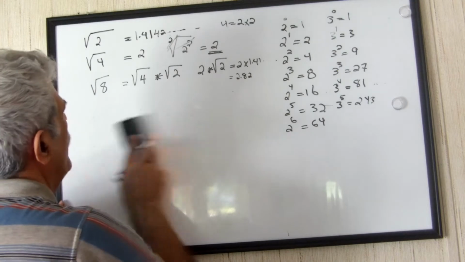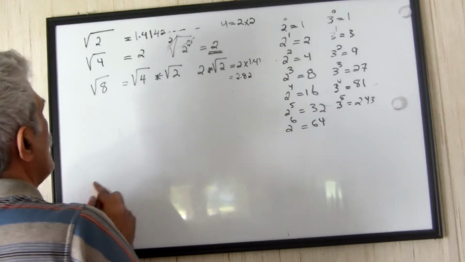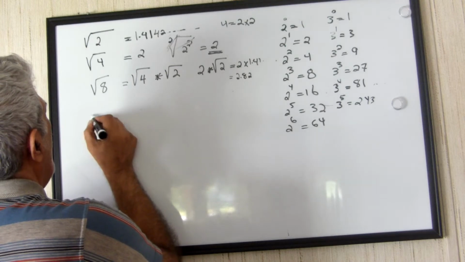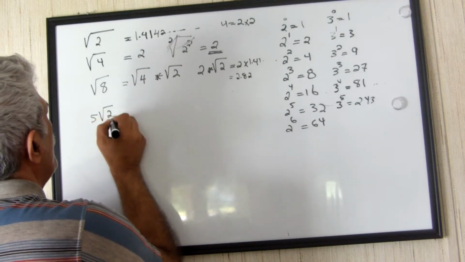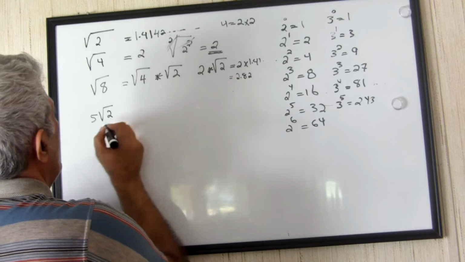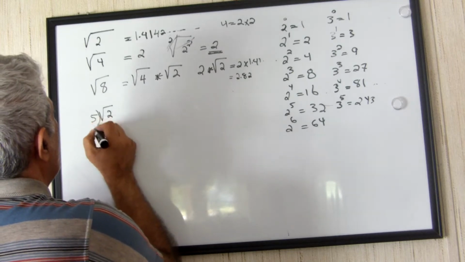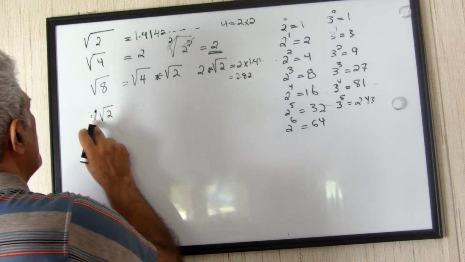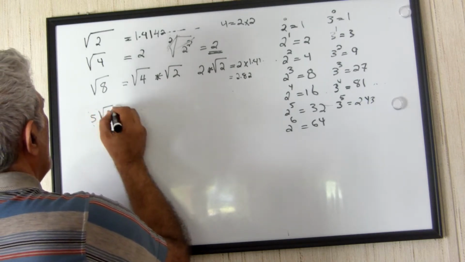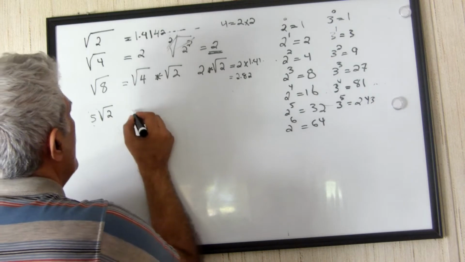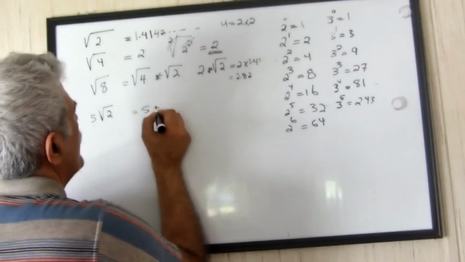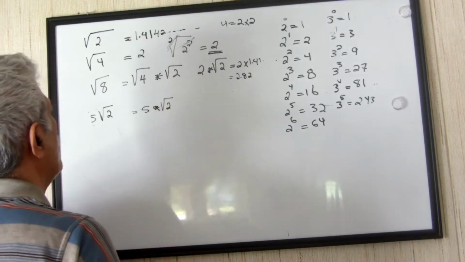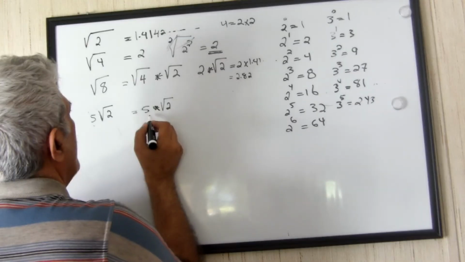Okay. You have to realize that if we say 5 the square root of 2, this is multiplication. When it's a multiplication, we don't write the sign. We say 5 times the square root of 2, which is actually 5 multiplied by the square root of 2.